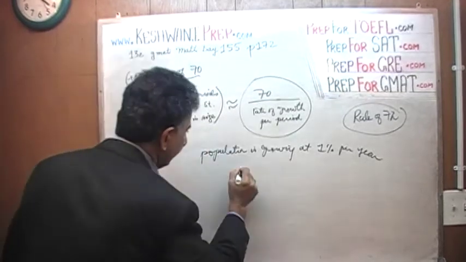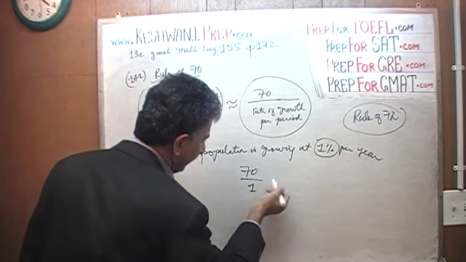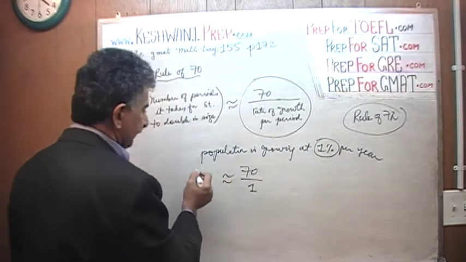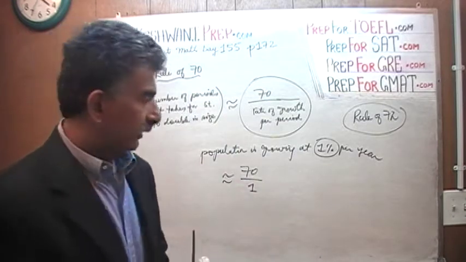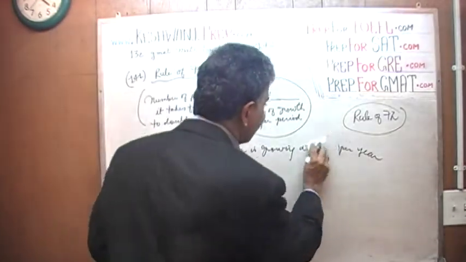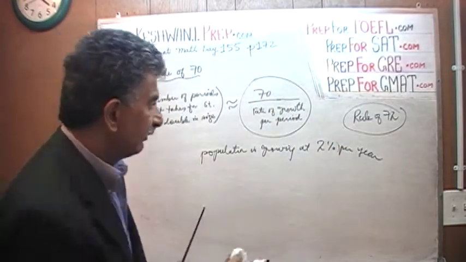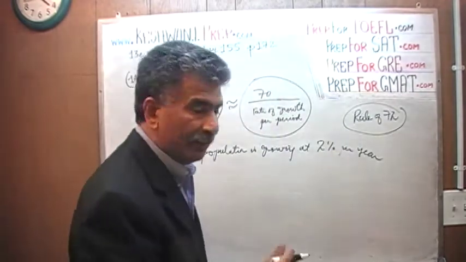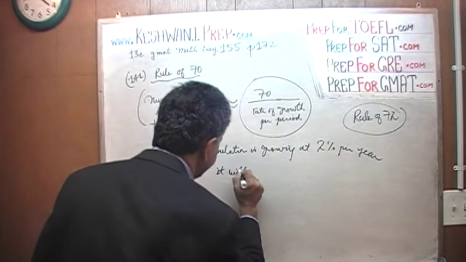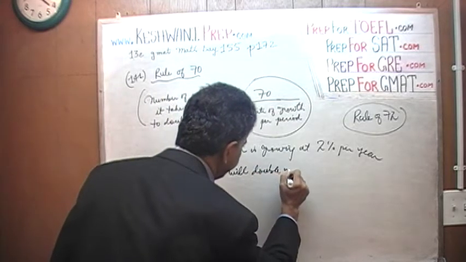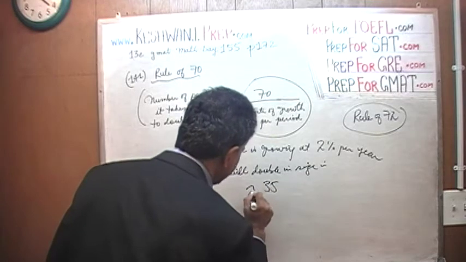You see, 70 divided by the rate of growth. The rate of growth here is 1. So 70 divided by 1 is 70. So it will take approximately 70 years for it to double in size. If the population was growing at 2% a year, it will double in size in approximately 35 years.